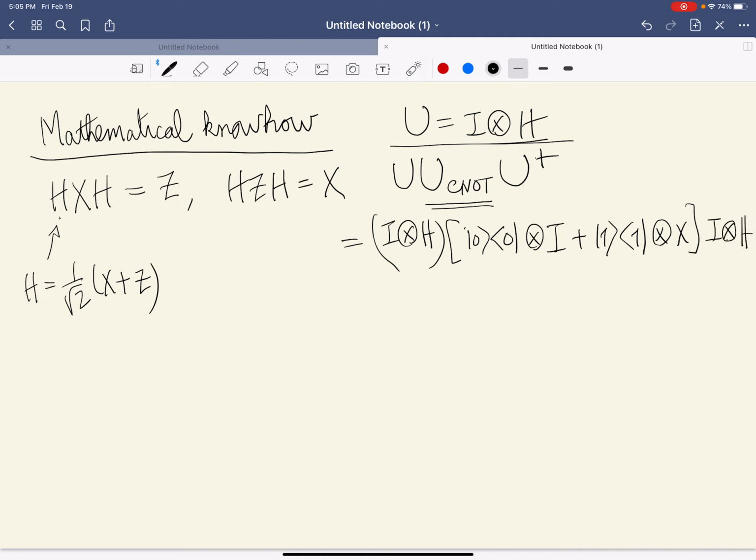Okay? And the result of this multiplication you can figure out by doing the matrix multiplication on the first qubit and the matrix multiplication on the second qubit separately, and then taking the tensor product of the individual outcomes. So this is just identity, so it does nothing. So the result would be still 0, 0.